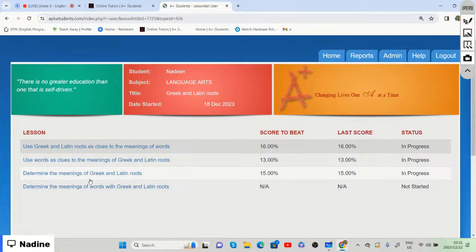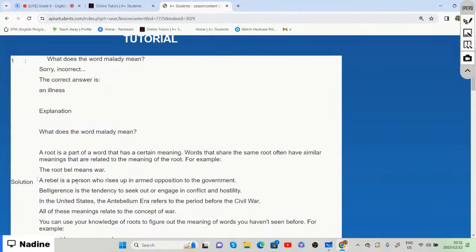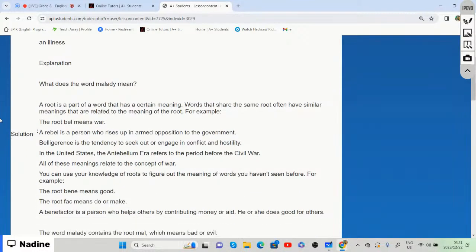All right, so now we're going on to the last one that says determine the meaning of the words with Greek and Latin roots. And we said a root is a part of a word that has a certain meaning.